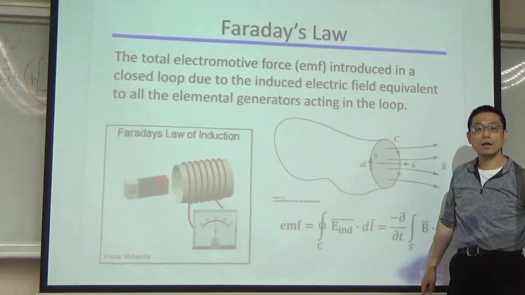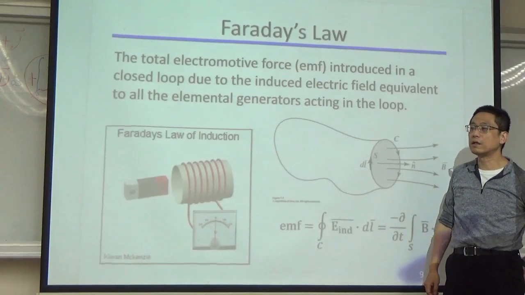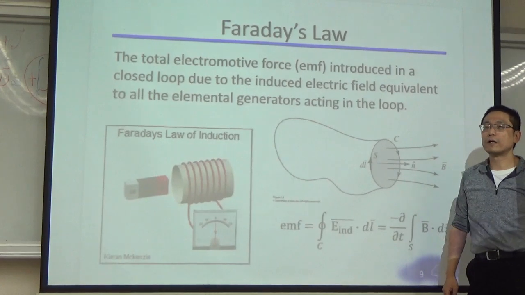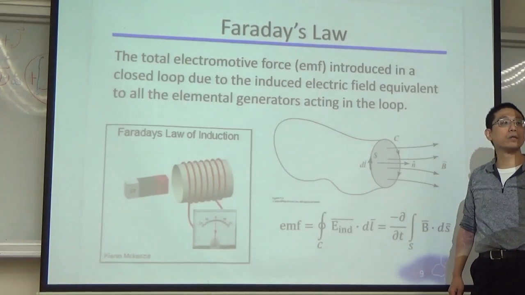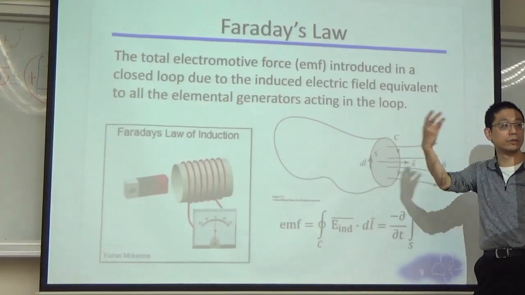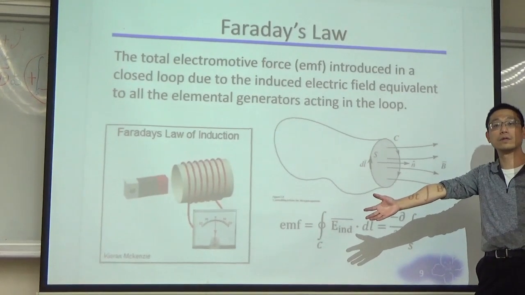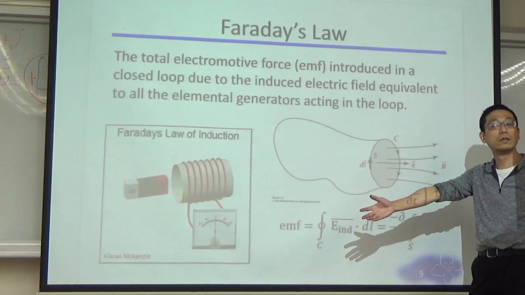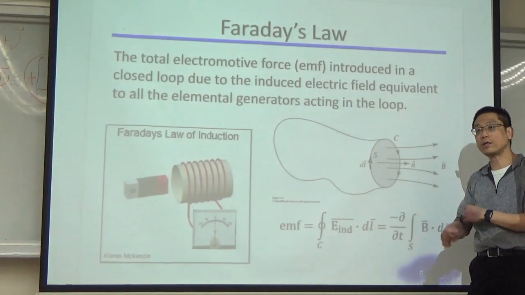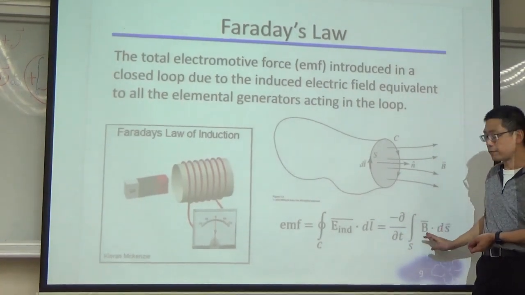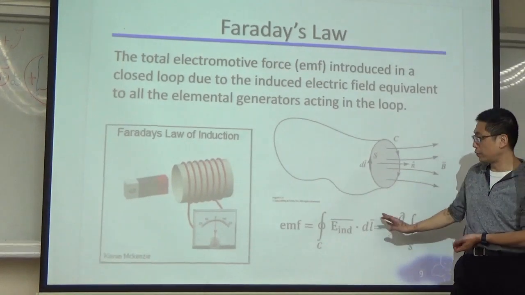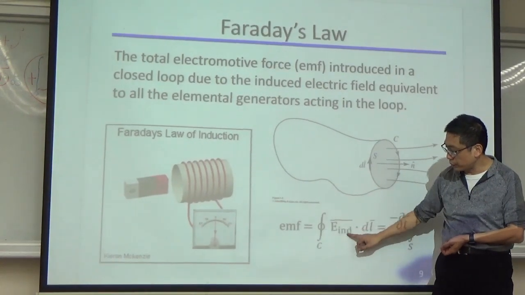I think this is the fundamental theory about a generator, how to produce your current. You try to change the magnetic field, and it will give you an induced E field.